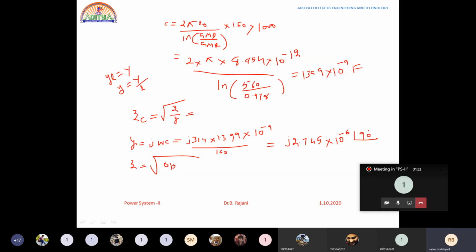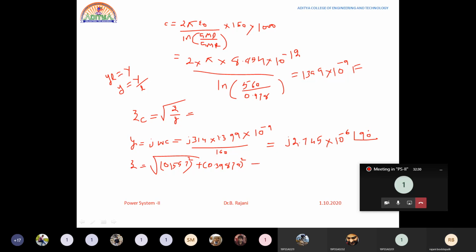R square is nothing but 0.1557 whole square plus 0.398 whole square.